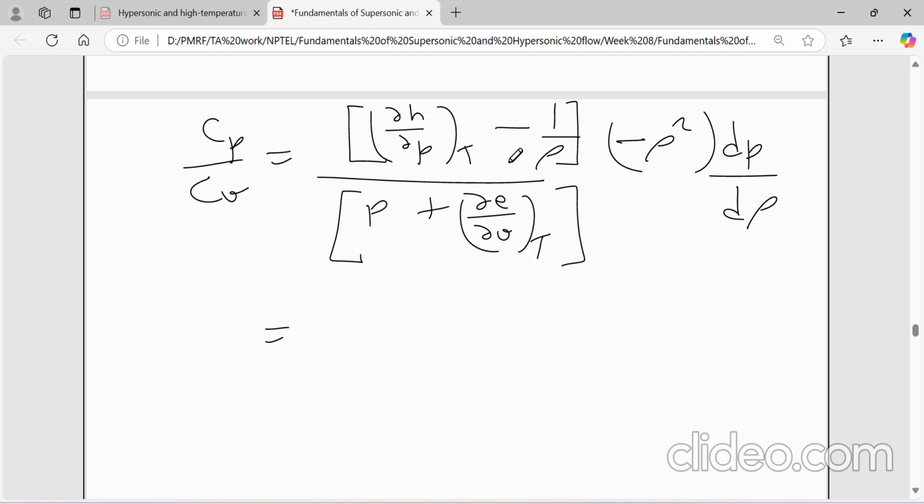We will take P outside from here and multiply rho here.